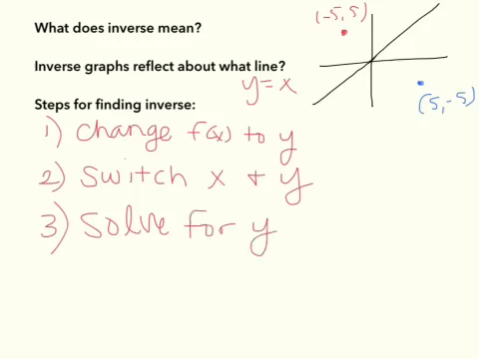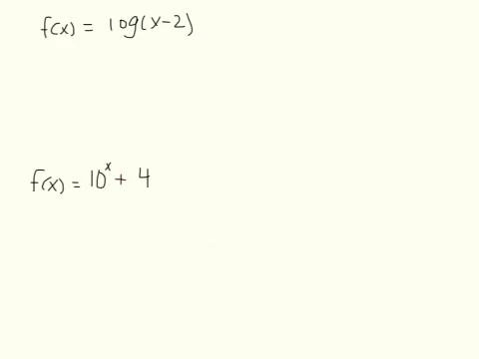So let's do an example to see what that looks like. Let's go ahead and do these two examples together and follow the steps. First I want to change f of x to y, and then switch my x and y. So x equals log y minus 2. Remember, if there's no base with the log, your default would be 10.